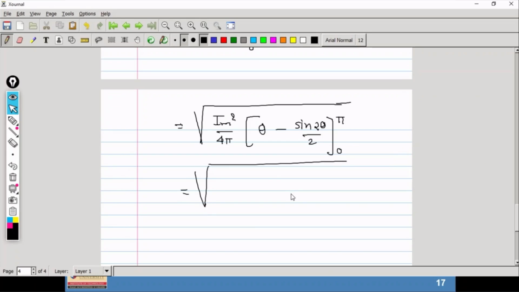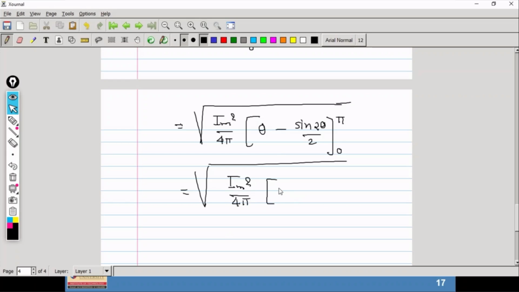So here we'll get an expression, please solve it. That would be Im square upon 4 pi, and what is the value here?